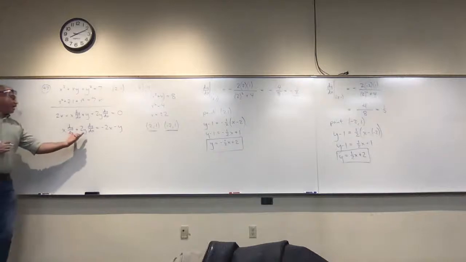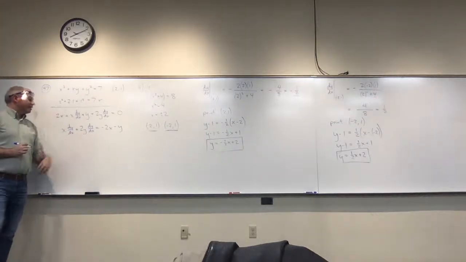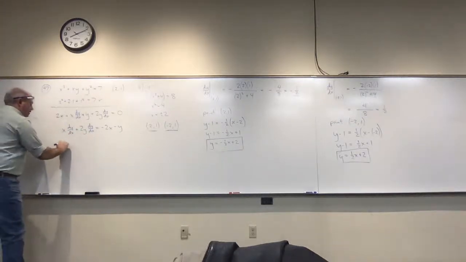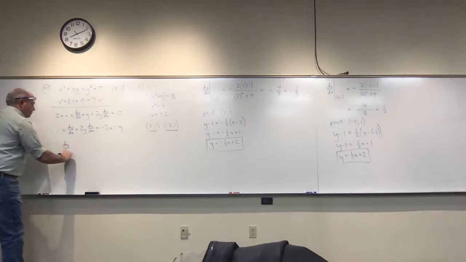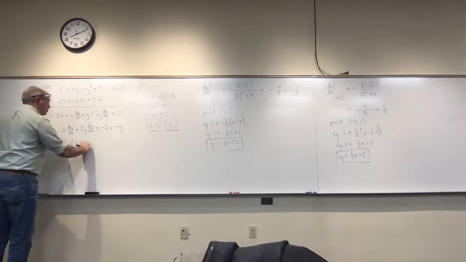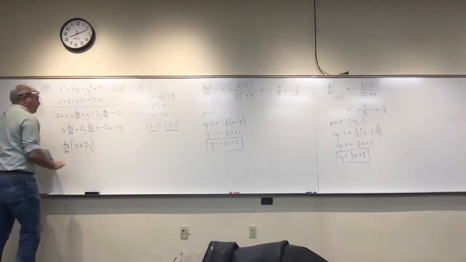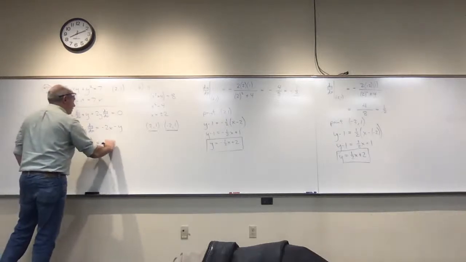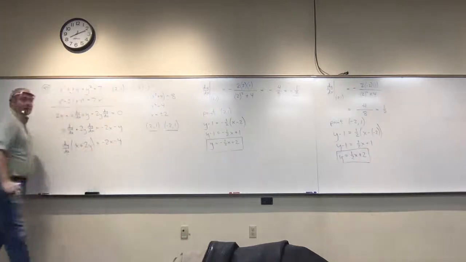Now I can factor out the dy/dx on the left side, and I get dy/dx times (x plus 2y) is equal to negative 2x minus y.